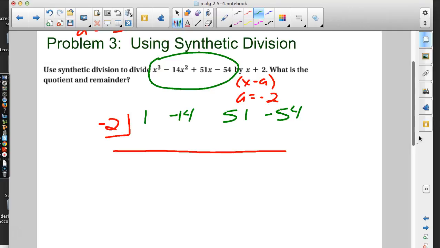Now, synthetic division is a process of adding and multiplying. So, you know, you have those lines off to the side on your paper there. Here's what we're going to do. We're going to write down inside the box, add.